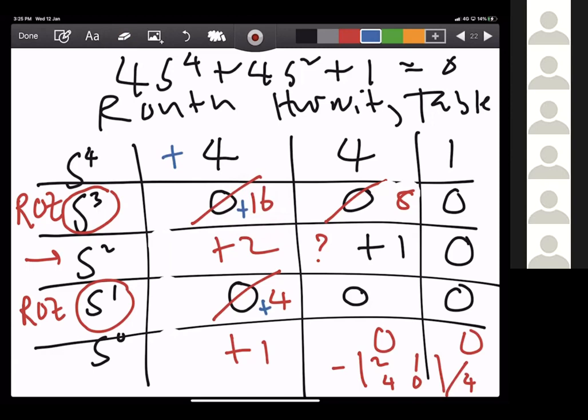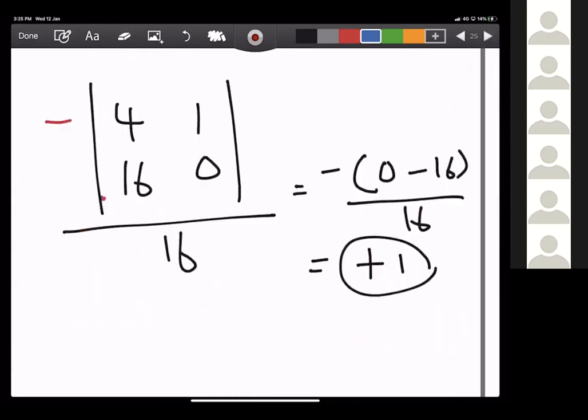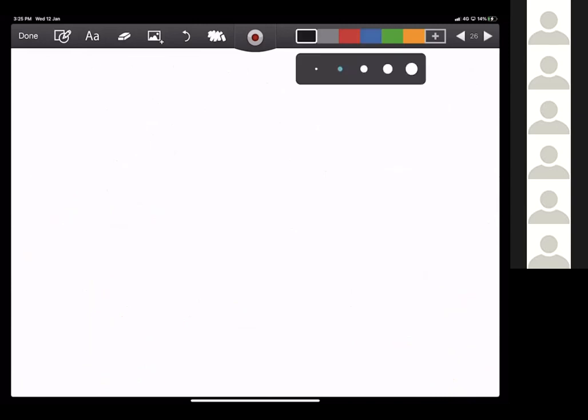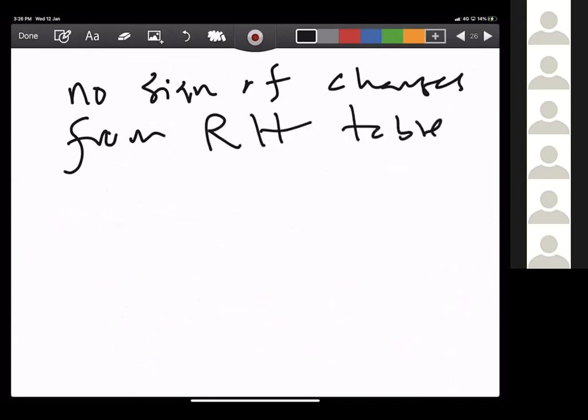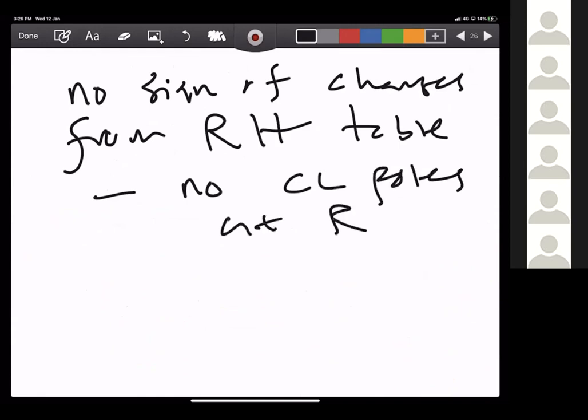So maknanya if there is no sign of change from the Routh table, meaning no closed loop poles at RHP.